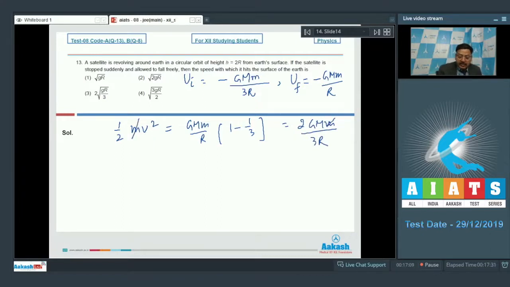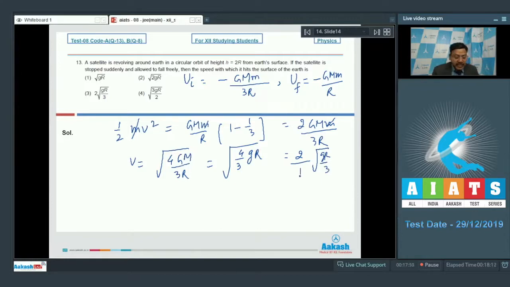We can strike off small m, and v turns out to be then under root 4GM by 3R. So this is equal to 4 by 3 gR, or simply 2 root gR by 3. If we look at the options, this is matching with option 3. So option 3 is correct for question 13.